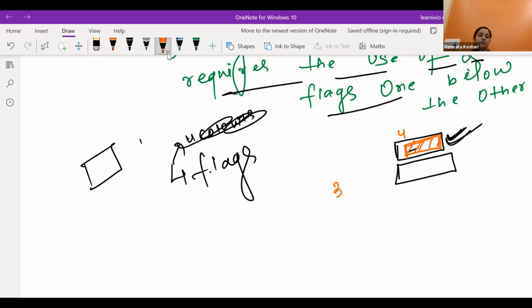Three. From these three we will paste one more flag over here. So to fill the second blank space, how many possibilities are we having? Three, right? Right, Ali and Alina? Yes, ma'am.